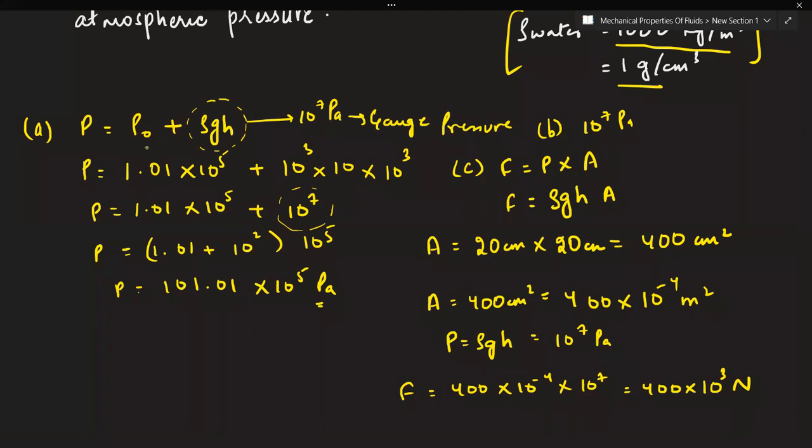Just note this portion also. Done, ma'am.